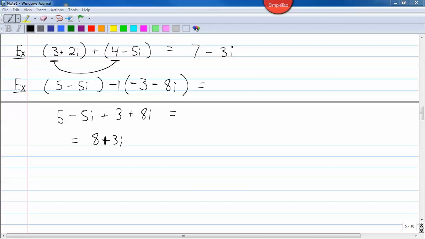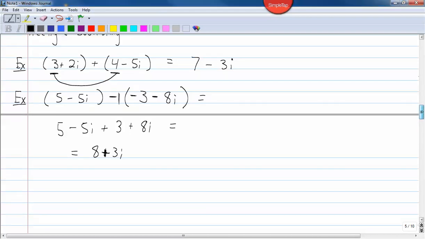Now, if we multiply, we have to be a little careful because sometimes we have to say i times i. And if you say i times i, that's just like writing x times x, which is x squared. i times i is i squared.